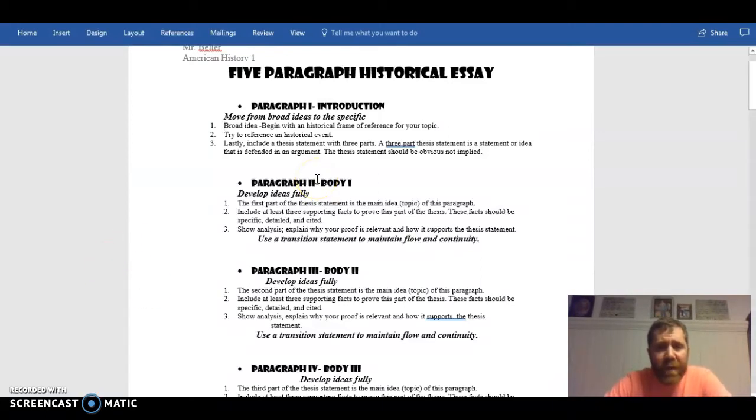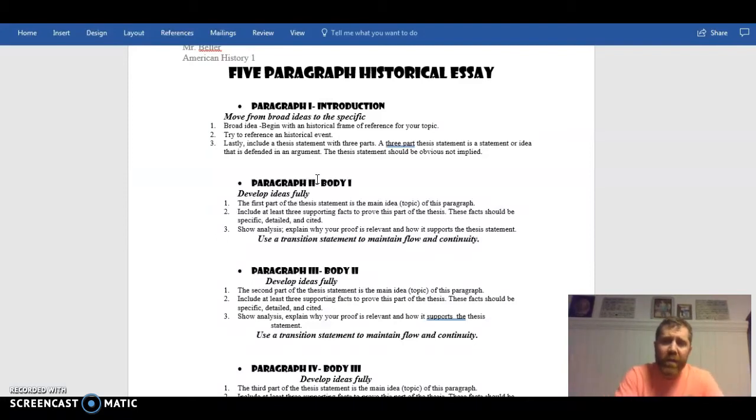Paragraph number 2, this is the first body paragraph. This is when you start developing those ideas fully when you're looking at your outline. The first part of the thesis statement is the main idea, the topic of this paragraph. We've talked about topic sentences before. You can think about a topic sentence as a thesis statement for a 1-paragraph essay.